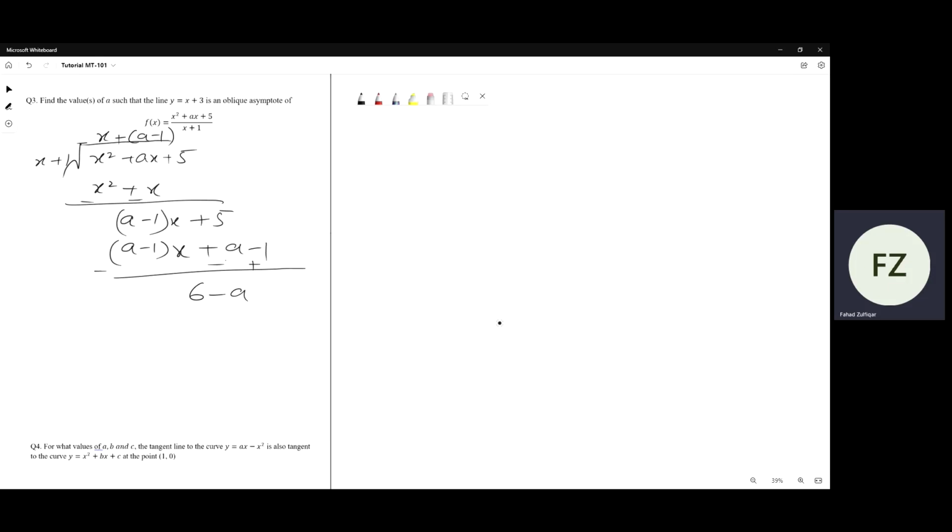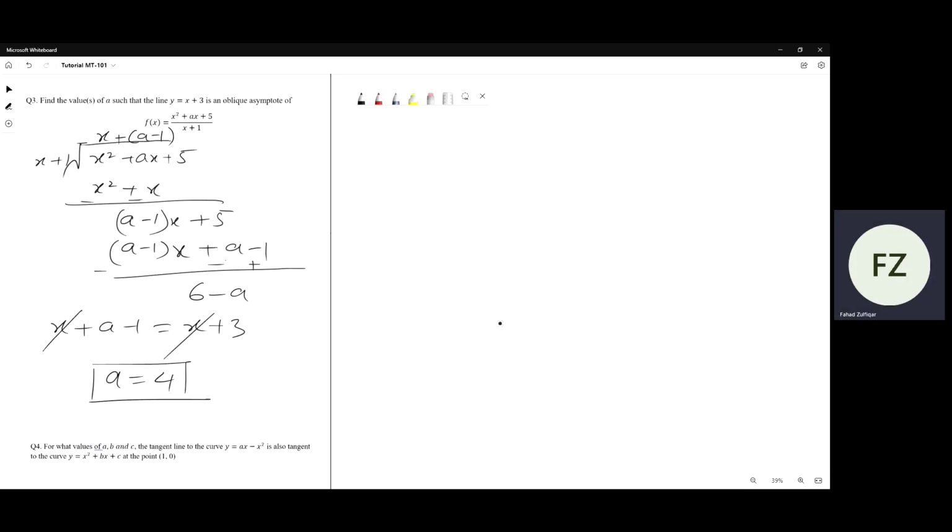So in the end, the quotient comes out to be x plus a minus 1. So x plus a minus 1 should actually be equal to x plus 3, because the oblique asymptote is actually the quotient in the long division. In this, the x's will cancel out and a will come out to be 4.